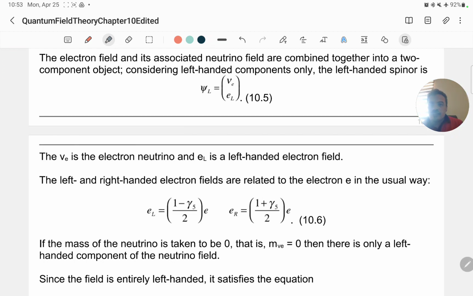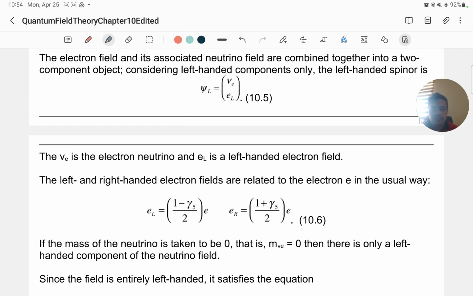The electron field and its associated neutrino are combined together into a two-component object. The upper one would be the neutrino and the lower one would be the electron field, and they're left-handed.